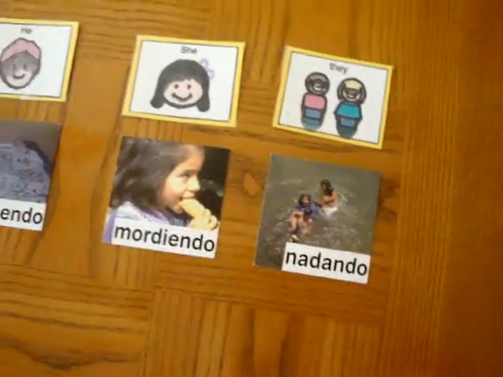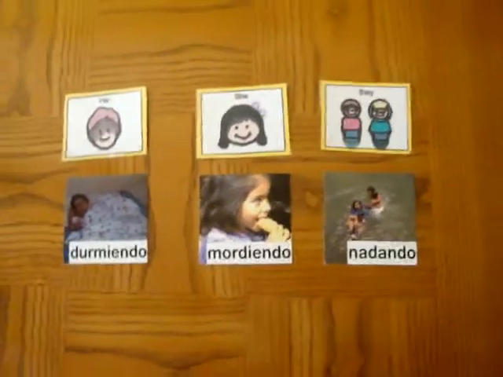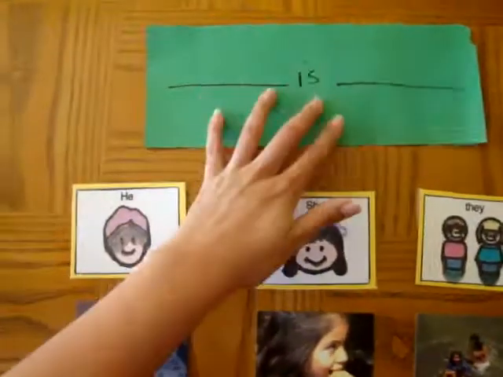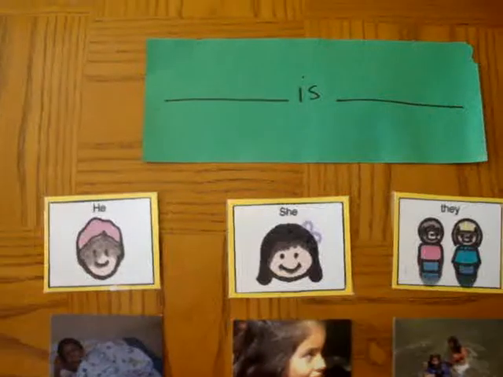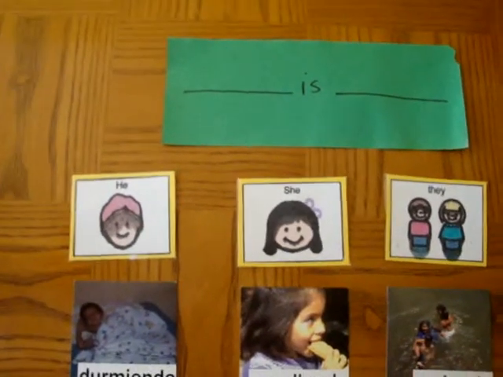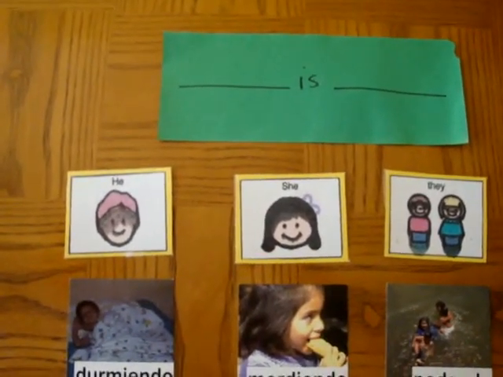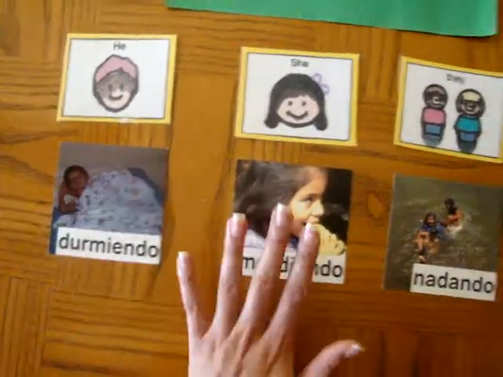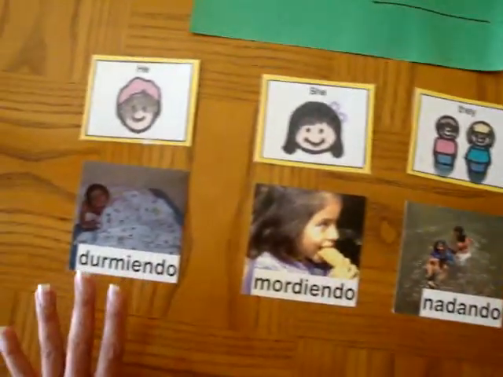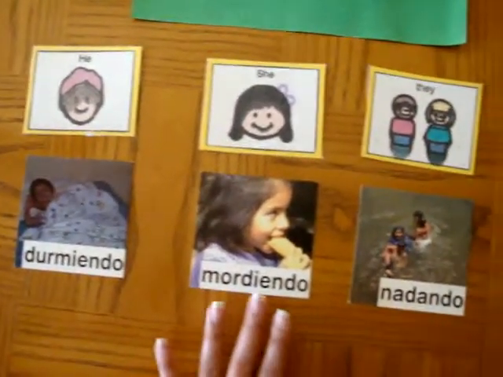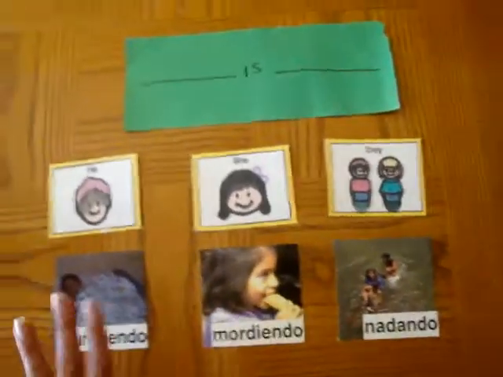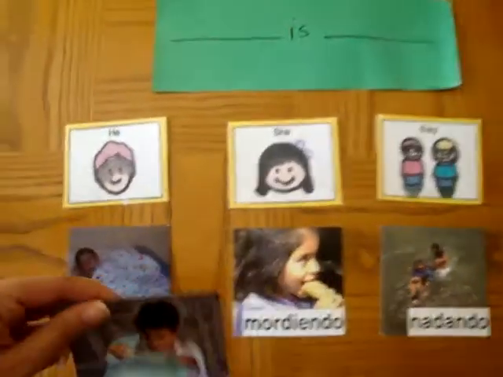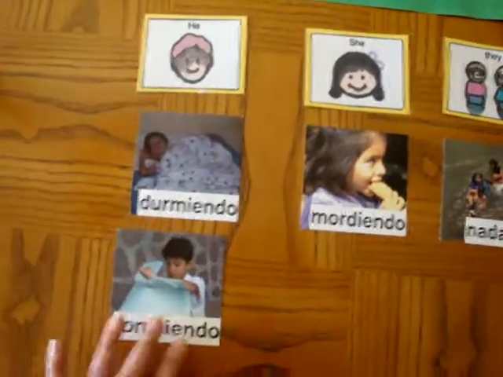So then after completing this for at least 2 times, I would move on to placing the sentence form paper on top of the columns. Then I would ask the student to, instead of just saying he, she, they, or sleeping, eating, swimming, go on to say, okay, now you have to do it in a sentence form by yourself.